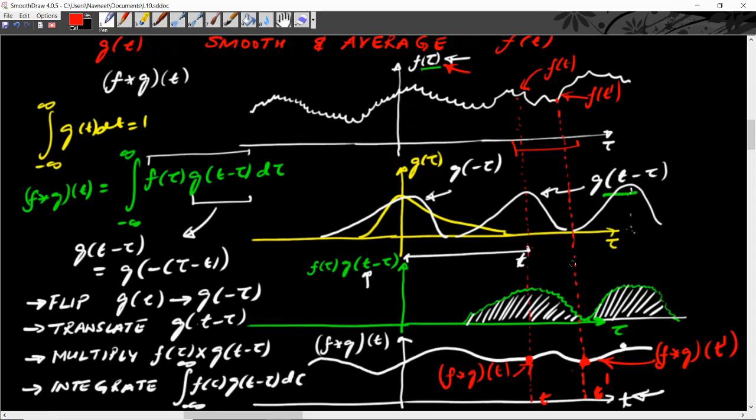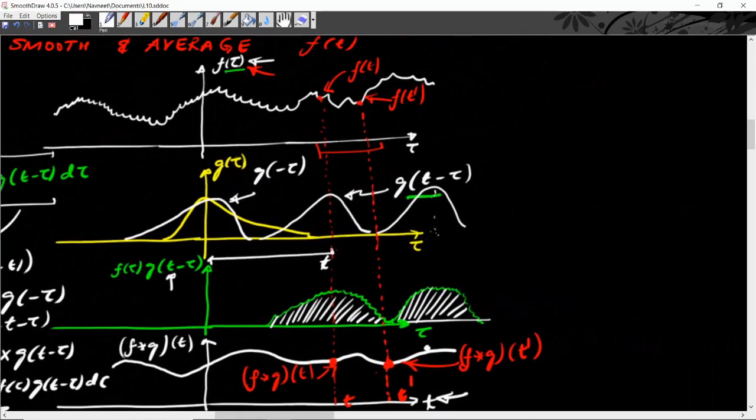We are more likely to have that these values of convolution at time t and t prime are closer to each other than the values of the original function at times t and t prime. So this is how you can make sense of the convolution operation as a smoothing and averaging operation.